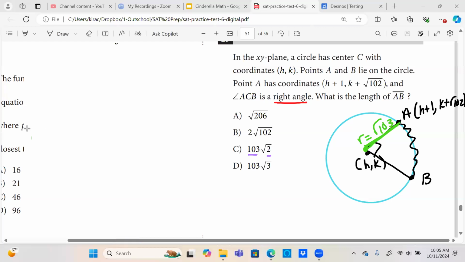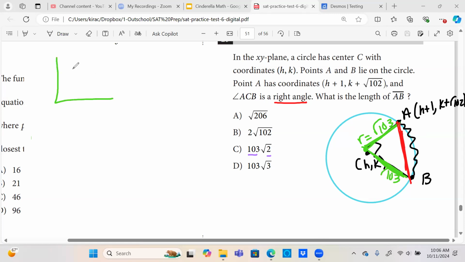All right. They don't want the arc length. They want the length of A to B, like straight up, triangle like this. So the distance formula was correct and the radius is root 103. And then down here, this would also be another radius and all radii are the same, right? So this is also root 103.